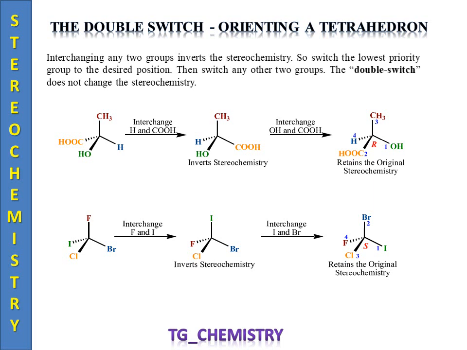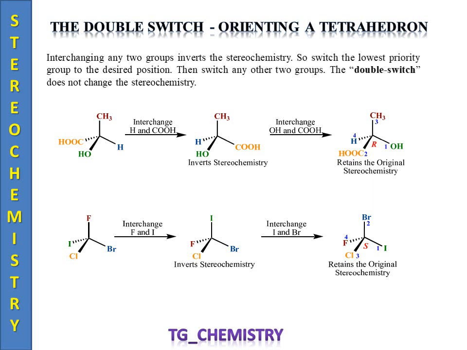Similarly, in the second example, the fourth priority group here is the fluorine. Now we need to interchange the fluorine with iodine, because currently iodine is in the dashed line, in the backside from the viewer. So fluorine, the fourth priority group, needs to be interchanged with iodine. You see the middle structure of the second row where the inversion of stereochemistry has taken place.